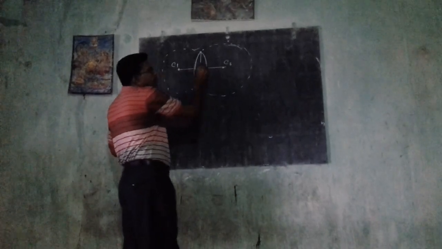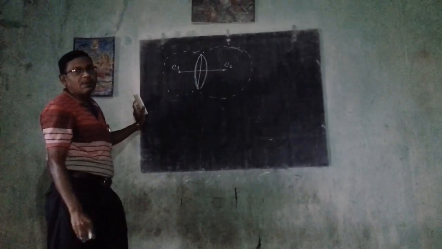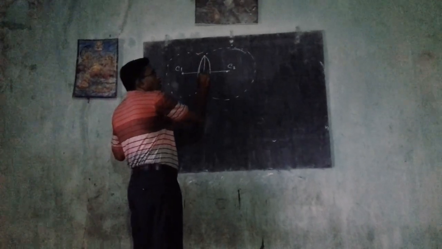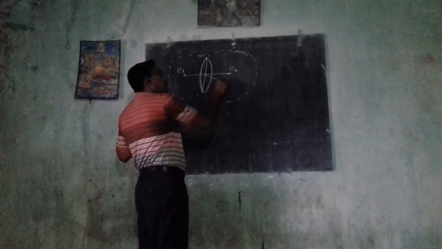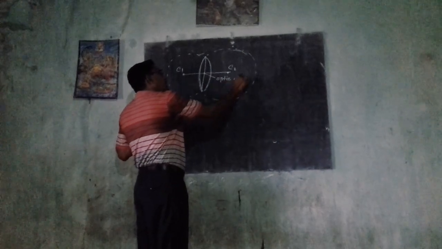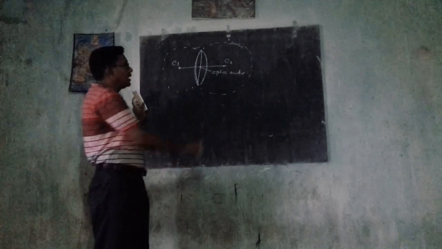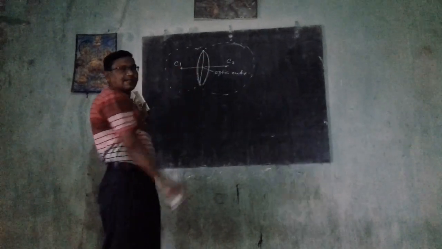And when we draw this imaginary line in the middle, the place intersecting the principal axis is known as the optic center, like the pole of the mirror. But here we know this is the optic center.